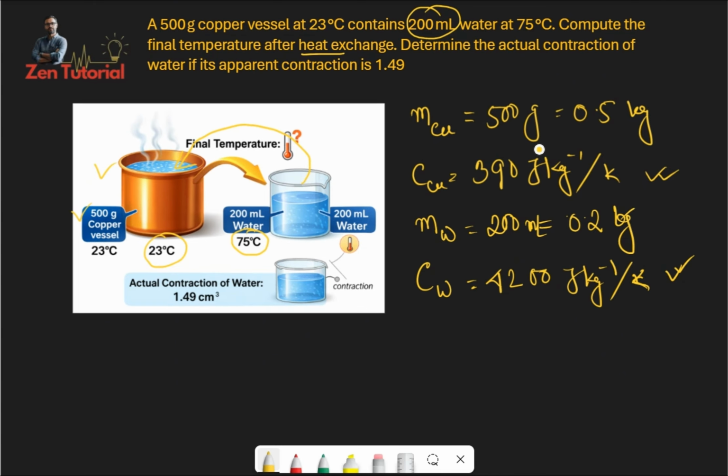So this water is put within the copper vessel. What happened? The copper vessel will be heat gain, because the vessel is 23 degrees Celsius and water is 75 degrees Celsius.